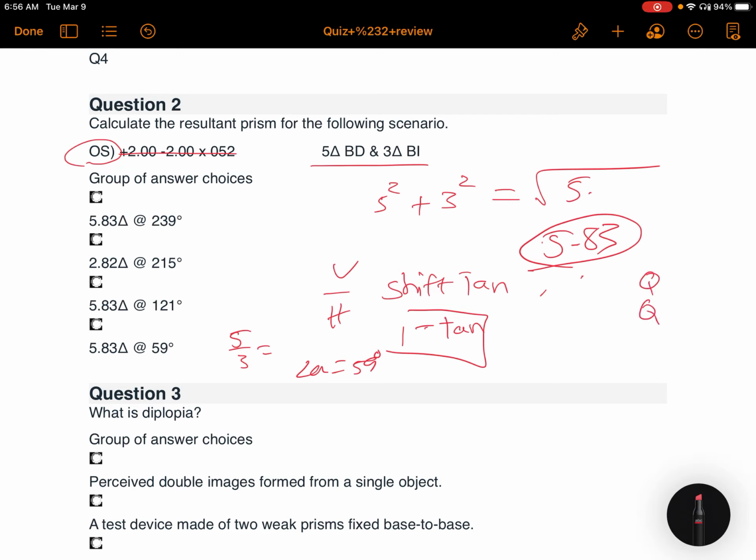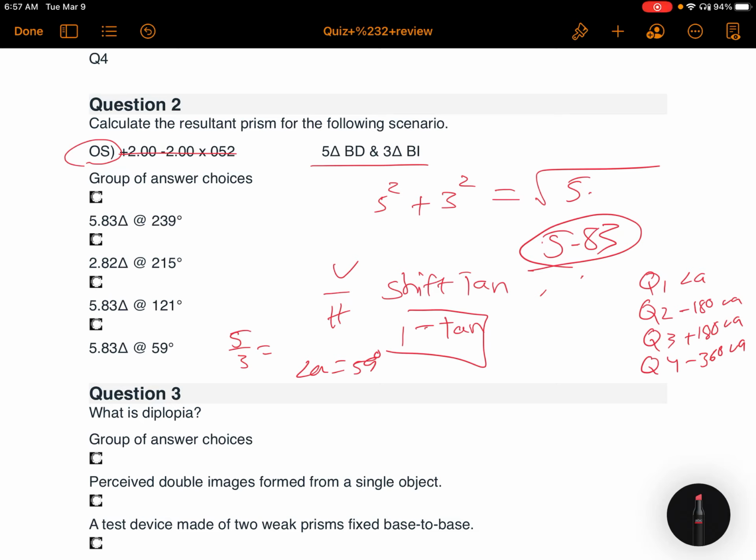In our chart, we have quadrant 1, 2, 3, and 4. Quadrant 1, we leave the angle A alone. Quadrant 2, we subtract 180 from angle A. Quadrant 3, we add 180 to angle A, and then quadrant 4, we subtract 360 from angle A. So for this question, let's identify which quadrant we're in.